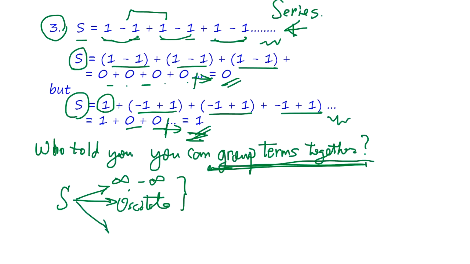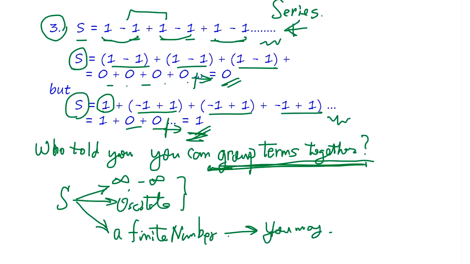If it converges to a finite number, then you may. Where does this rule come from? It's actually some mathematicians proved these things, advanced math, and they don't even bother to mention it in high school or college, so students don't know.